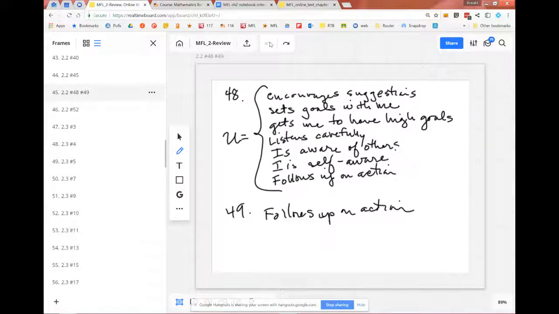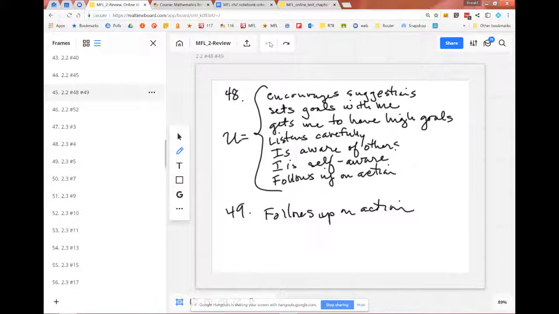And then you notice 49 kind of goes right with that, where the book says, find S1 complement, where S1 is the first year and S2 is the second year. So 49 says, can you find S1 complement relative to the universal set you just found in number 48?